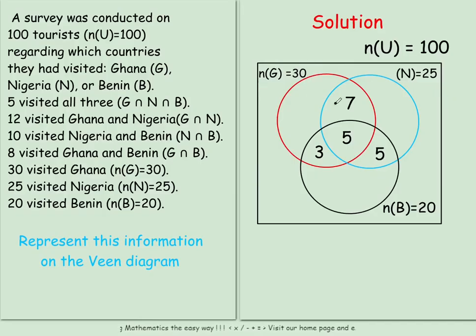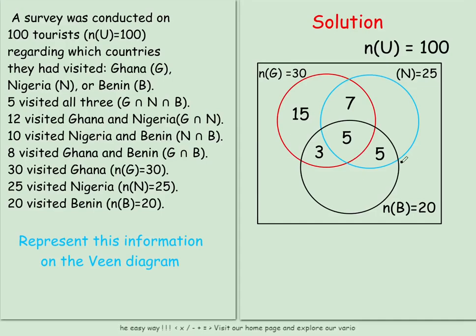So if it is 30 and you have 7, 5, and 3 here, what do we have remaining over here? We have 7 plus 5, which gives us 12. 12 plus 3 gives us 15. Meanwhile, we want all to be 30. So we subtract the 15 from our answer, and that gives us 15.